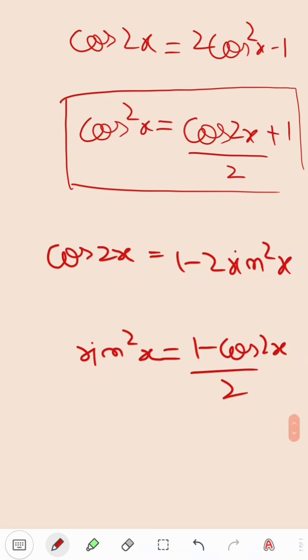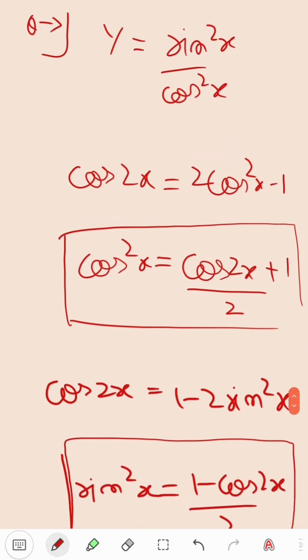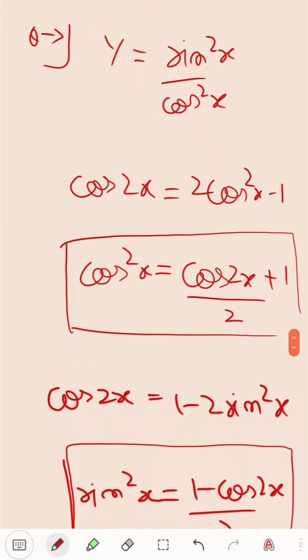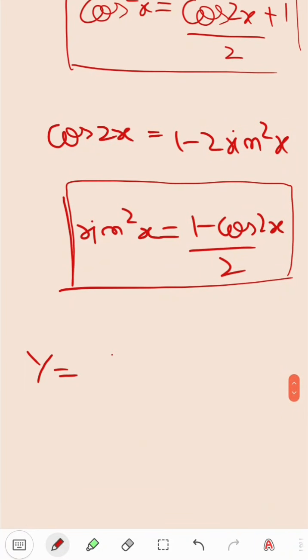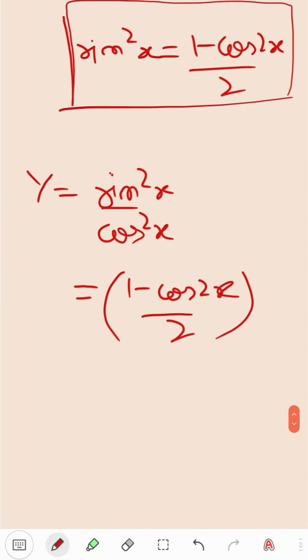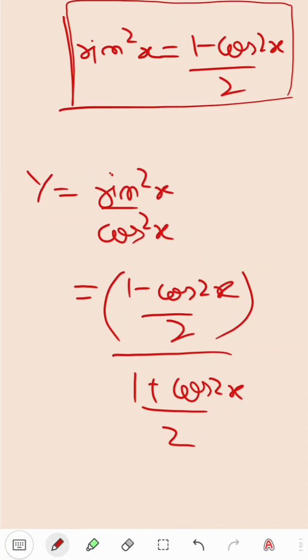Okay, so now replace the values of cos square x and sine square x in y. So y equal to, what is our function? That is sine square x by cos square x, and we can write it as ((1 minus cos 2x) by 2) upon ((1 plus cos 2x) by 2).